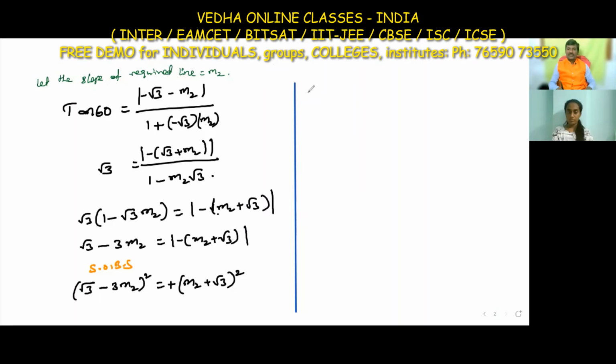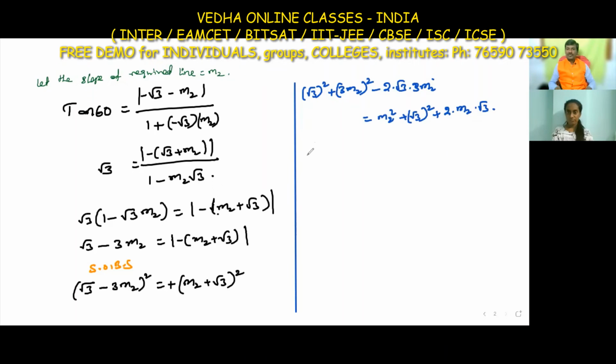Then a square means root 3 whole square plus 3m2 whole square minus 2ab, 2 into root 3 into 3m2, is equal to m2 square plus root 3 whole square plus 2ab, 2 into m2 into root 3.